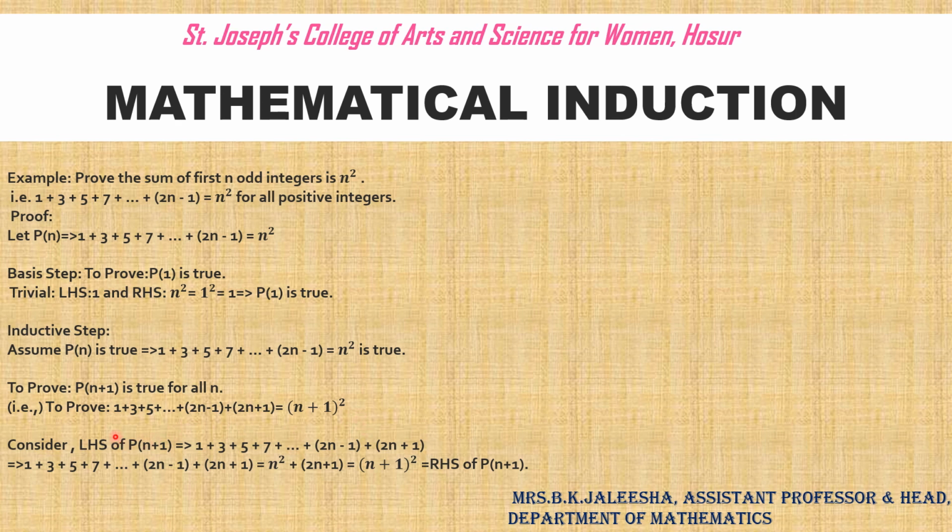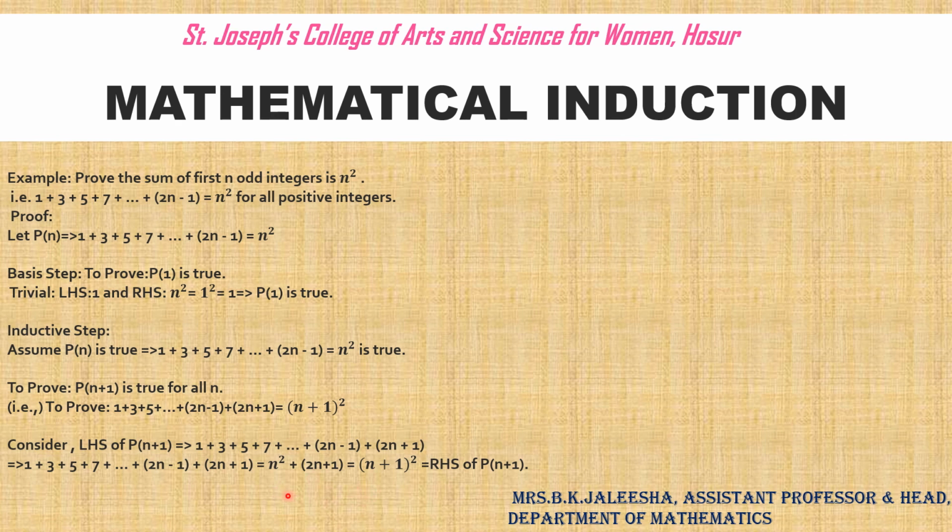For that, we first consider the left hand side of P of n plus 1: 1 plus 3 plus 5 and so on up to 2n minus 1, plus 2n plus 1. Now from 1 up to 2n minus 1, we can substitute the value as n square, because we have assumed P of n is true. So we write n square plus the last term in brackets as it is.